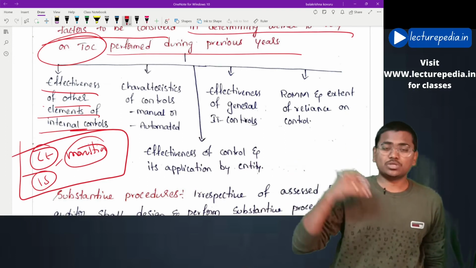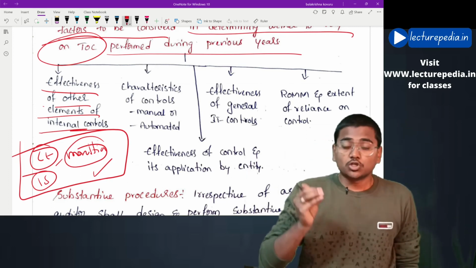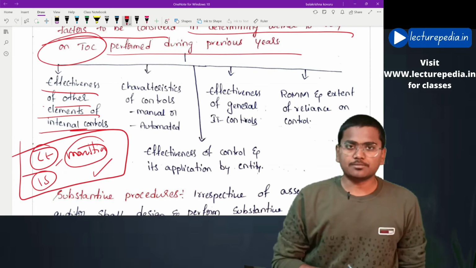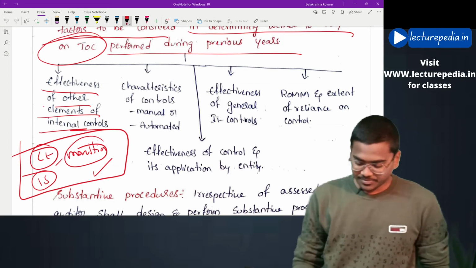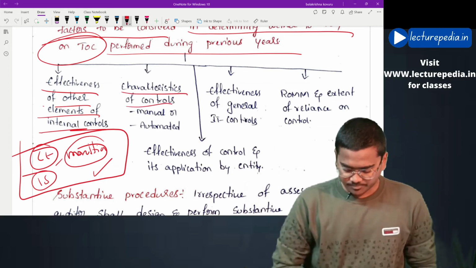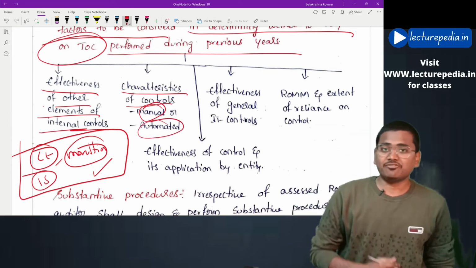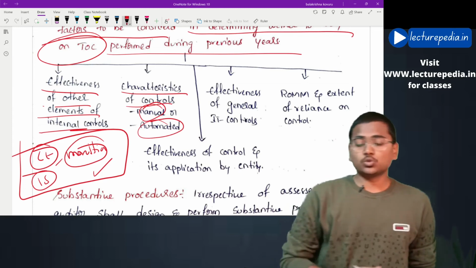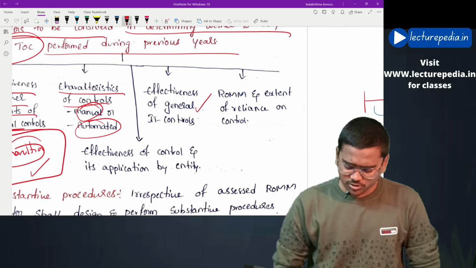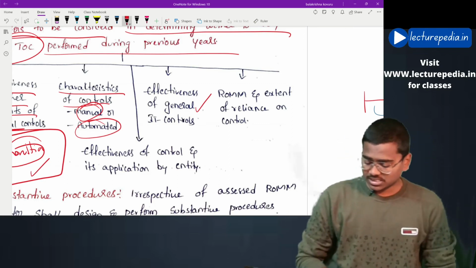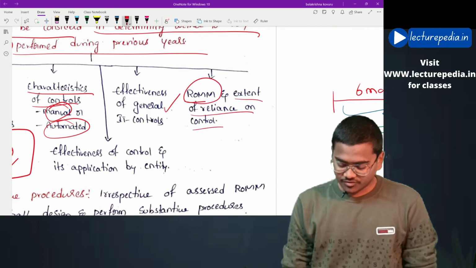Based on the effectiveness of other elements of internal controls, the auditor will determine whether to rely on the previous year's test of controls or to freshly perform the test of controls. Next, characteristics of controls, whether the controls are manual or automated. Even this will affect the decision of the auditor. Next, effectiveness of general IT controls, how the general IT controls are operating, and risk of material misstatement and extent of reliance on control.